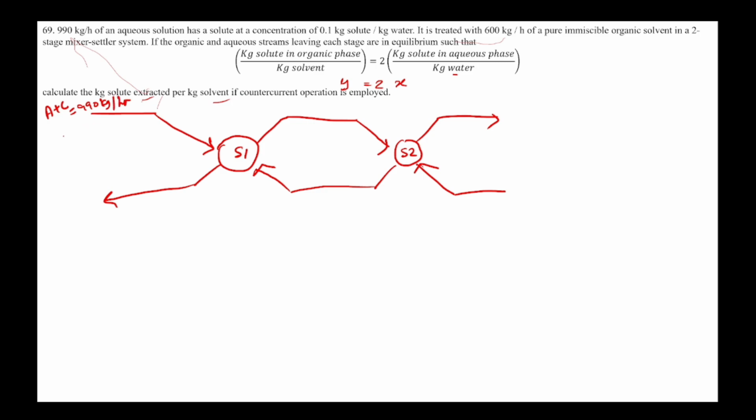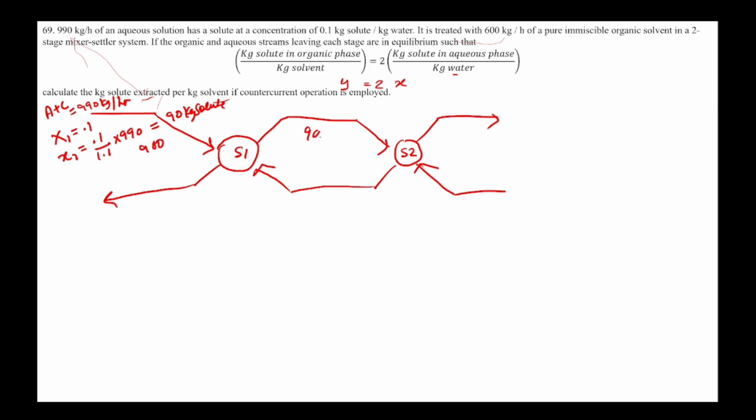See, x1 is a mole ratio, 0.1 kg solute upon kg solvent. So small x1 will be 0.1 divided by 1.1. If I multiply by 990, it will give the value of solute, kg solute. So 900 will be solvent only.